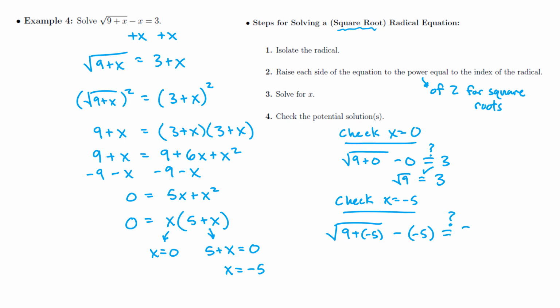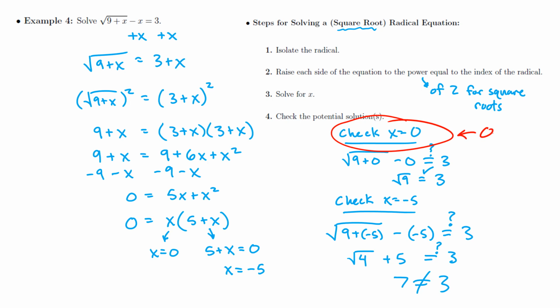Does that equal 3? So here the square root of 4 plus 5. Does that equal 3? Well, no, that's 2, so 7, of course, does not equal 3. So what's happening here is that one of our potential solutions is not working out. So this ends up being our only solution.